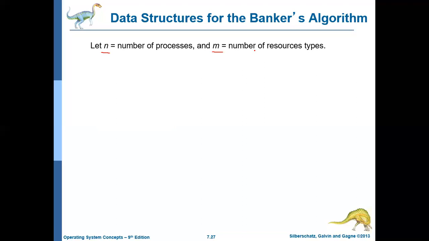So what are the various vectors and matrices Banker's algorithm uses? These are the data structures. Banker's algorithm uses a vector called available. If available of j equals k, what does it mean?